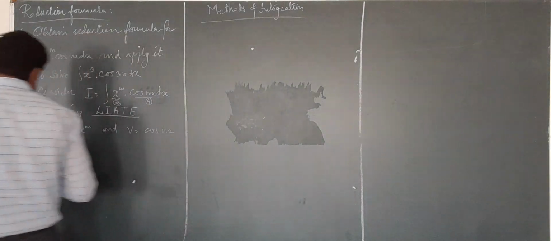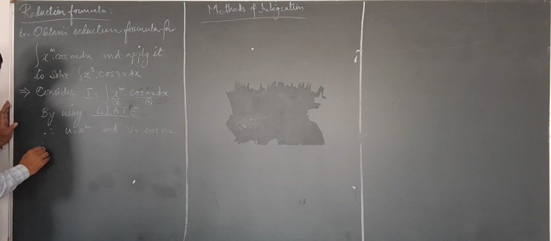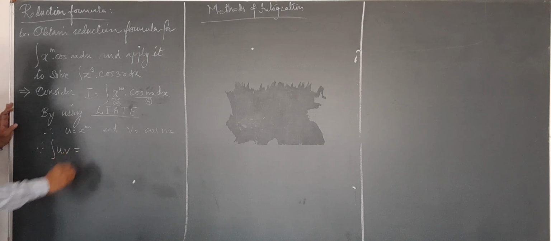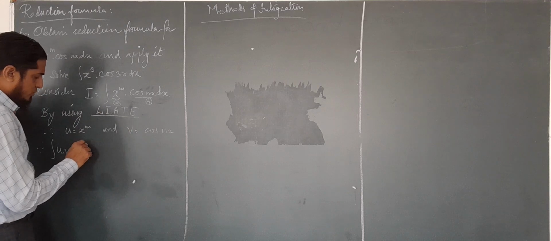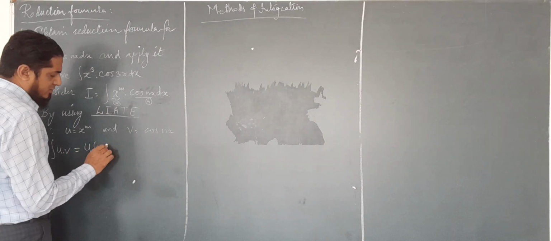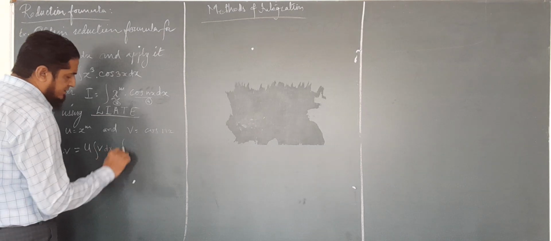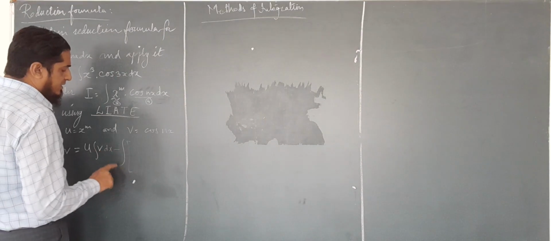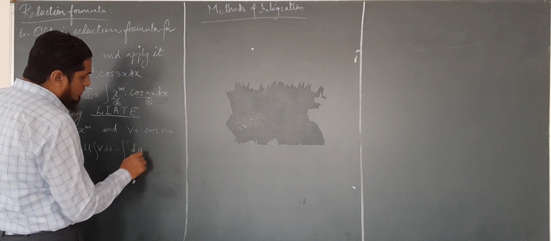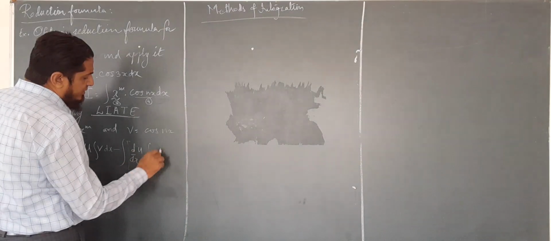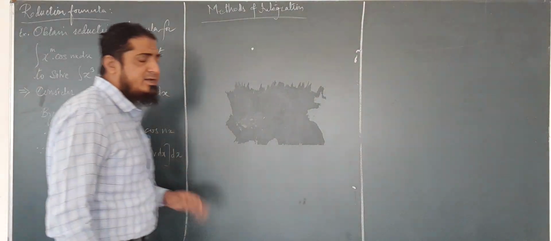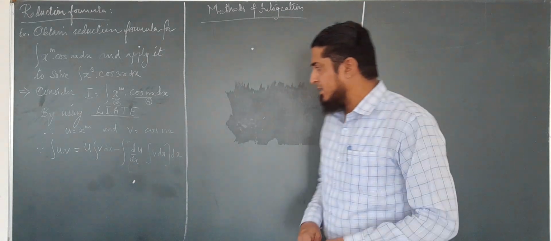Since we know that the integration of u into v is equal to u taking outside, the integration of v, minus the integration of the differentiation of u and the integration of v, whole integration. It is the formula for integration of u into v.